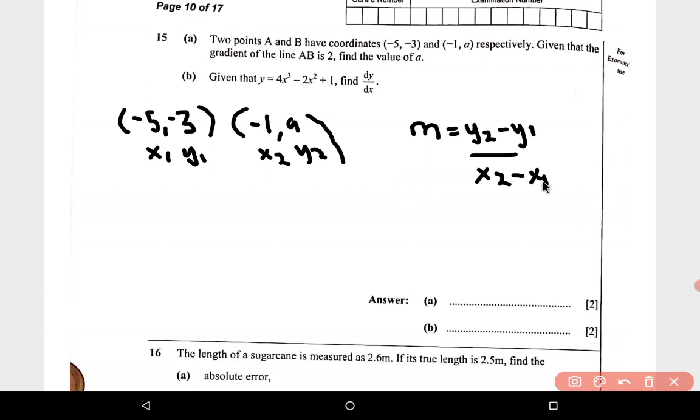Now what we're going to do is replace this: the gradient is 2, y2 is a, y1 is -3, just to show all the working that we can. x2 is -1 minus x1, that is -5.